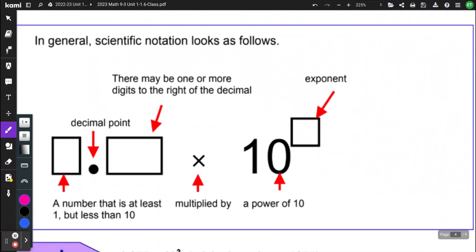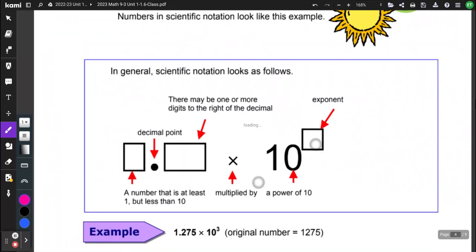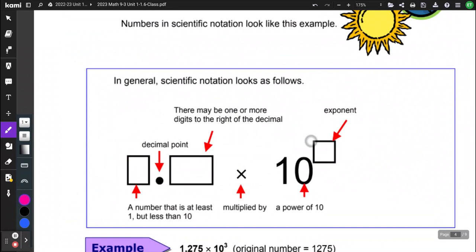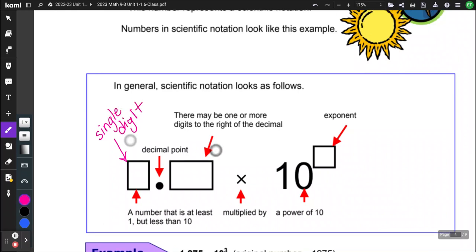So in general, in the middle of our page, it says you can only have one digit. It's got to be a single digit. So this guy here, it is a single digit. Always one. Is that right? Never can there be doubles there? No. Okay. So it's between 1 and 9.